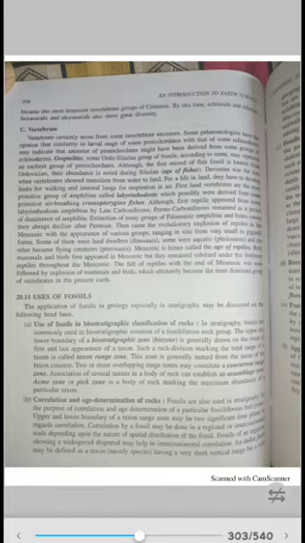The application of fossils in geology, especially stratigraphy, may be discussed under the following headings. Use of fossils in biostratigraphic classification of rock. In stratigraphy, fossils are commonly used in biostratigraphic zonation, to differentiate one stratigraphy from another, and as well to make similarities between a stratigraphy and another stratigraphy of another region.